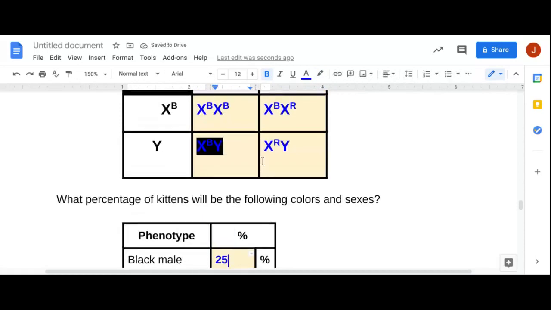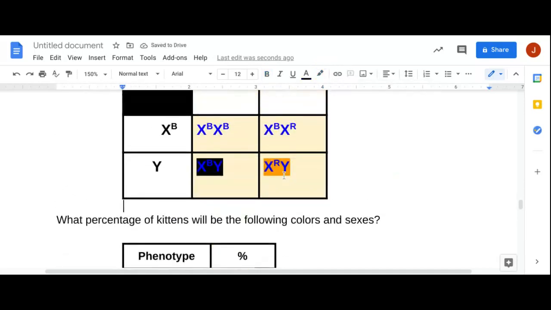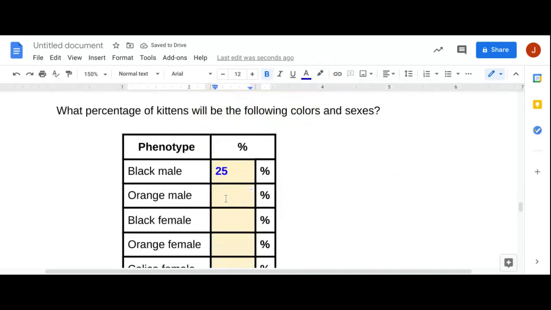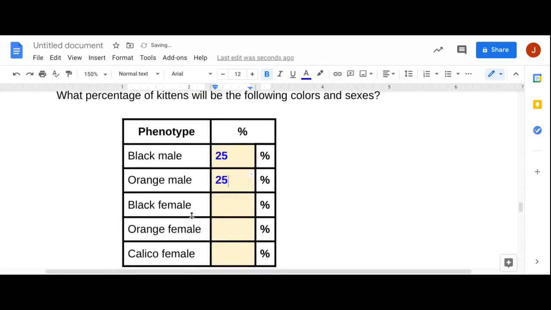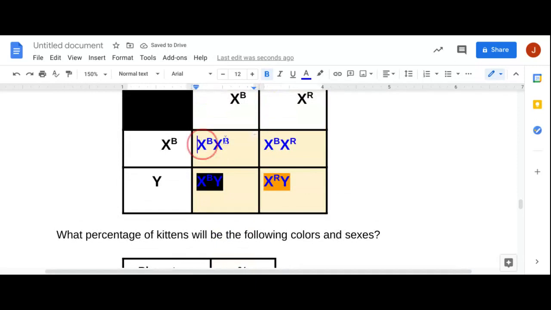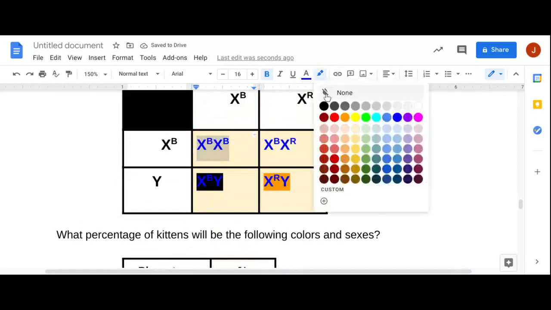Next, orange male. Here's an orange male right here. I'm going to highlight that. An orange male. Again, that's 1 out of 4, so it's 25%. Black female. Here's a black female.